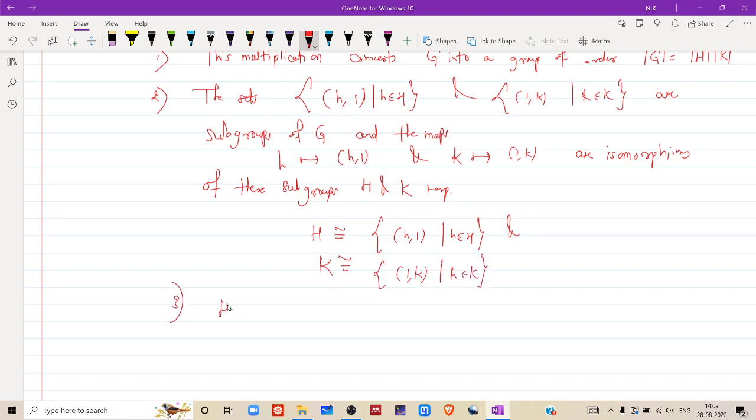Third part, we need to prove that H is normal in G. Fourth, we need to prove that the intersection of these two subgroups H and K is the singleton identity.